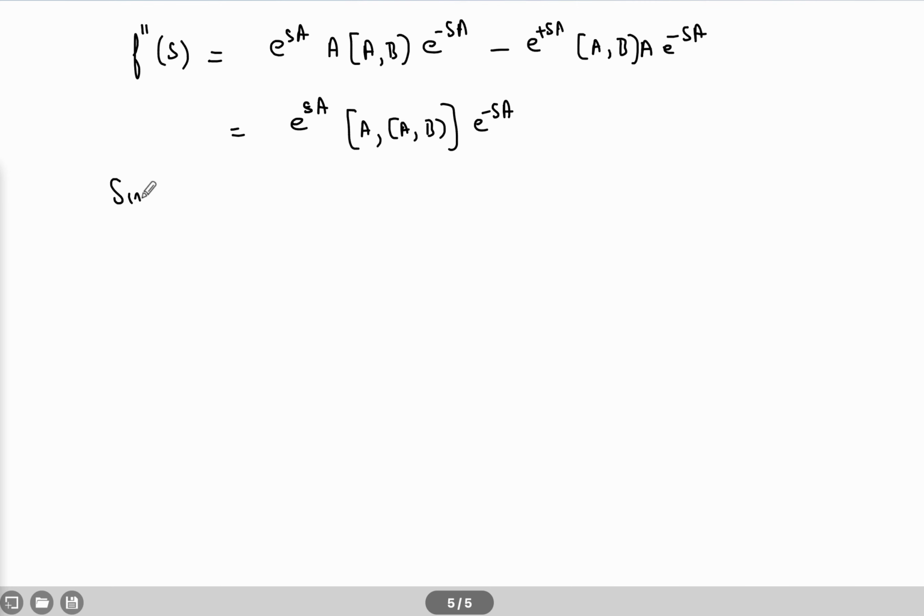Similarly, now I will just extend this expression to the third derivative. f3s will be given by the triple commutator. So you can do this yourself and see if you're getting this or not.